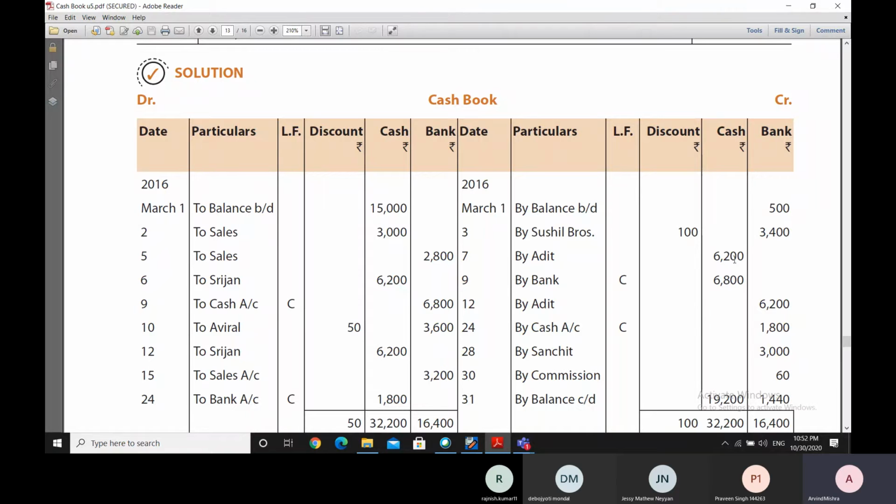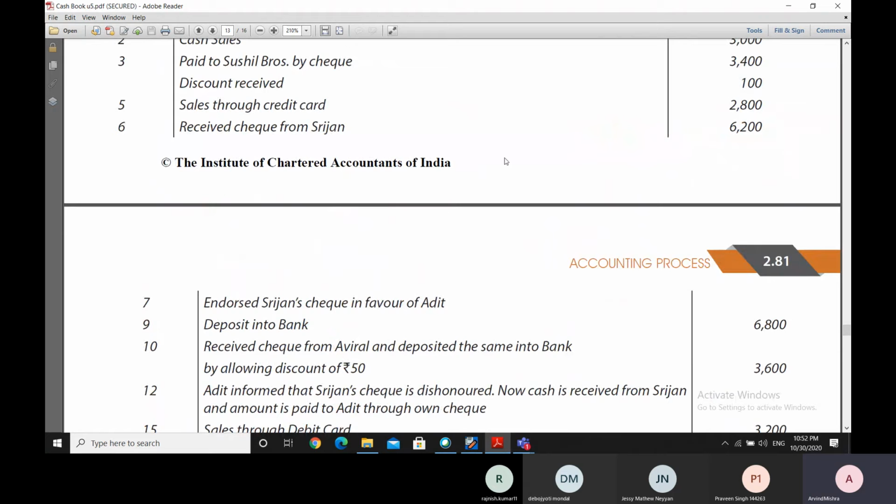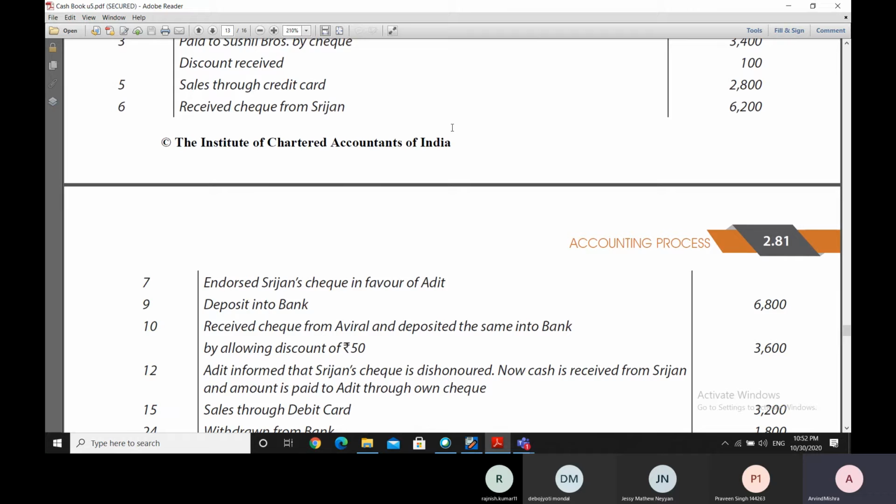A check has been received from Srijan, and therefore we have entered it in the cash, because initially when a check is received, we take it as a cash receipt. Thereafter, what we are doing is that this 6,200 rupees, we are endorsing this particular check in favor of Adit. We got this check from Srijan and we are endorsing it in favor of Adit.